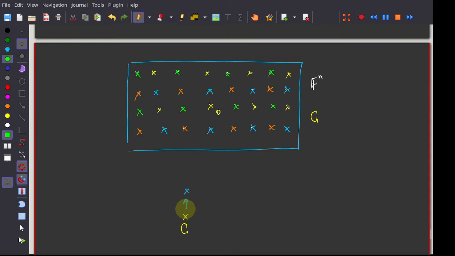I shift it right by 1 unit, I get the set of all green points. I shift it up one step and right 1 step, I get the set of all orange points. So these are all the possible cosets.